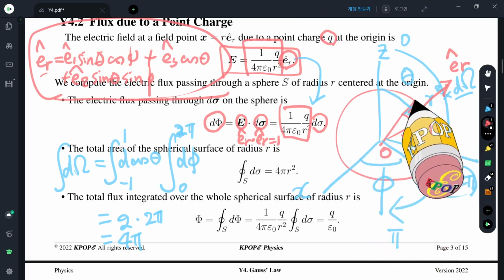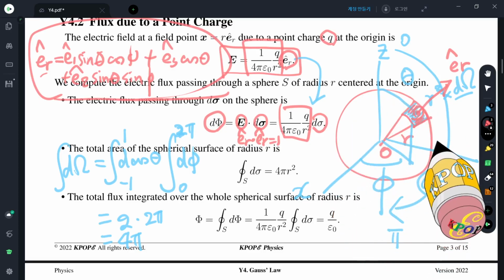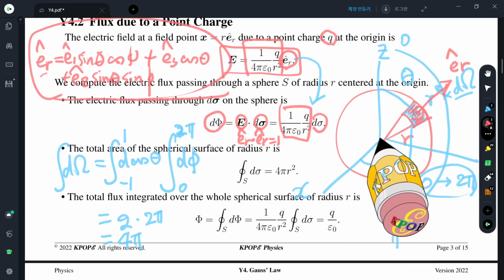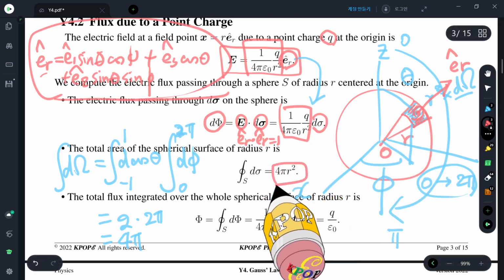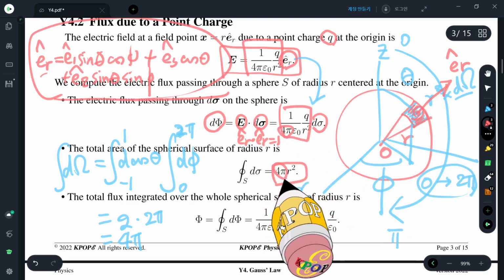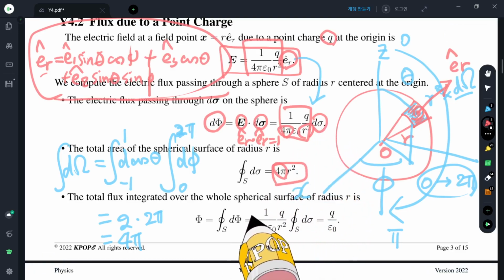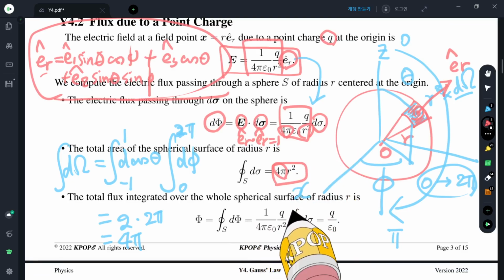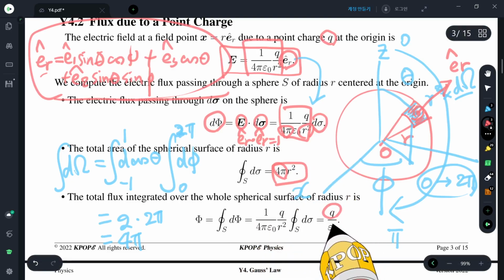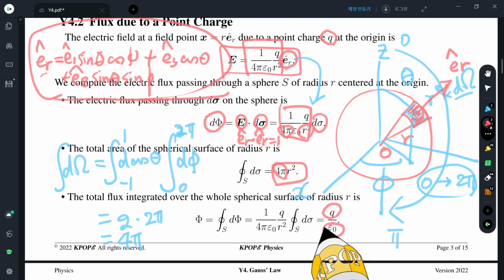Because the area is just the area of the spherical surface of radius r, it is 4 pi r squared. 4 pi cancels, and r squared cancels. And what you really find is just the charge over the permittivity of the vacuum.